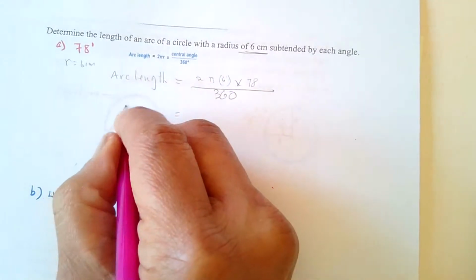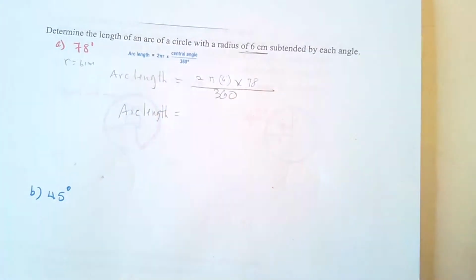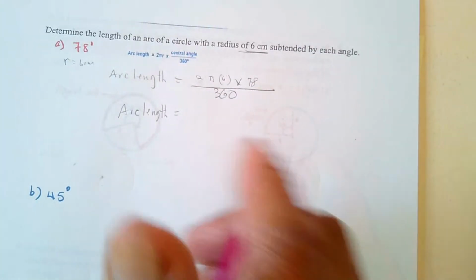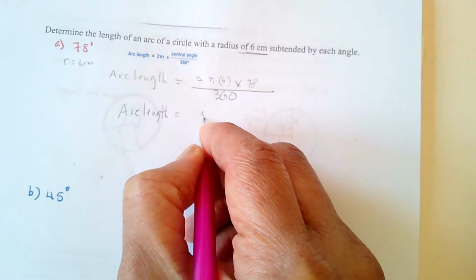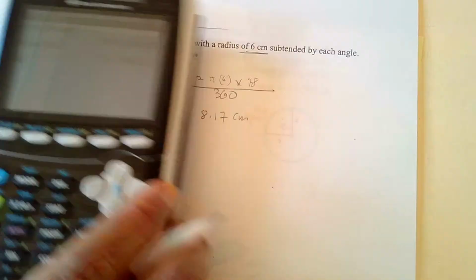So the arc length is equal to, now what will that give us here? Do all my magical stuff here. That's equal to 8.17 centimeters.